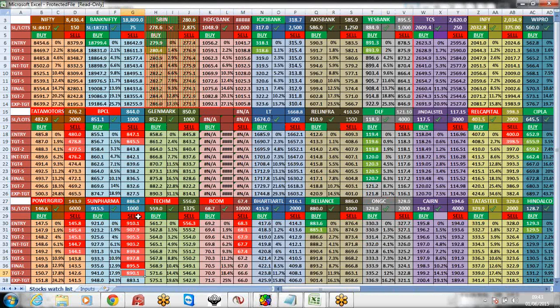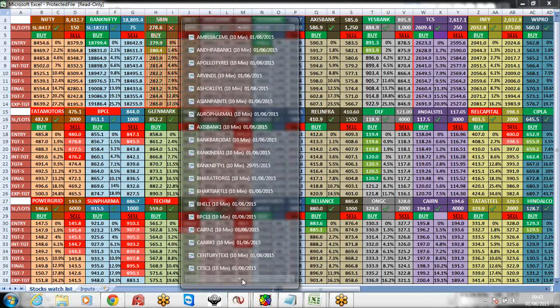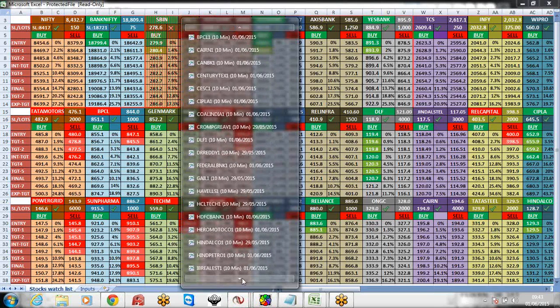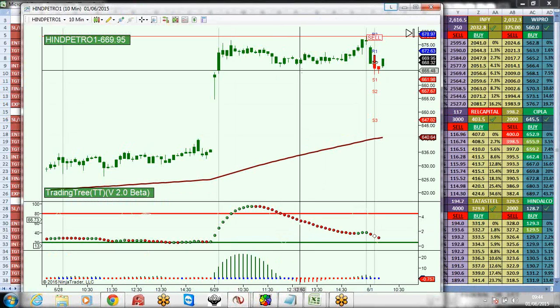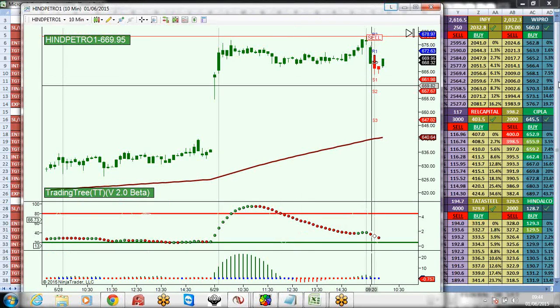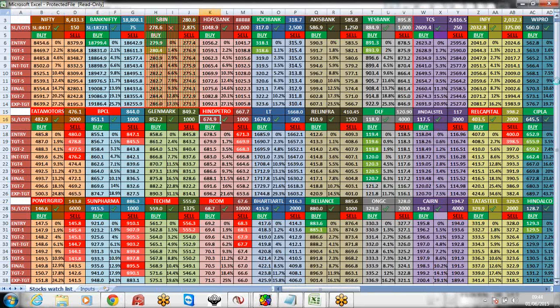That's around 20 rupees profit on that. So in Petro, we had a sell call. Let's just check whether the call has triggered. This has not triggered, but here you can see that we might get a buy call. It's already a sell call here.